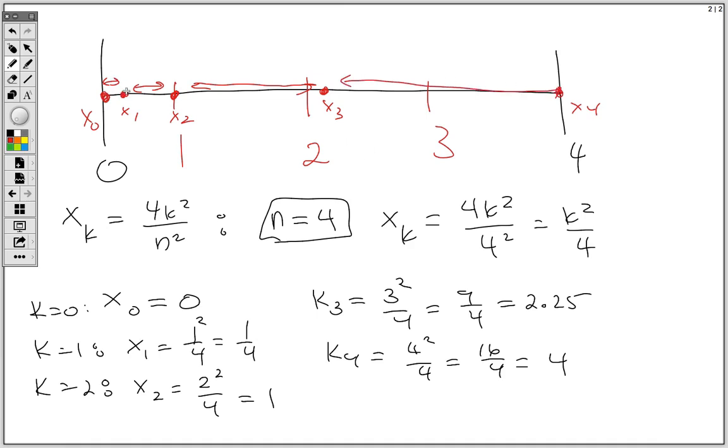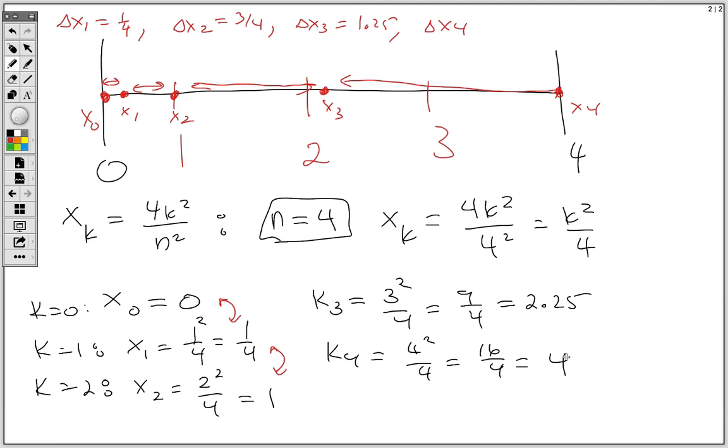Right? So delta x_1, the length of the first subinterval, would be a quarter minus 0. So delta x_1 is a quarter. Delta x_2 would be 1 minus a quarter, which would be 3/4. Delta x_3 would be 2.25 minus 1, that's 1.25.